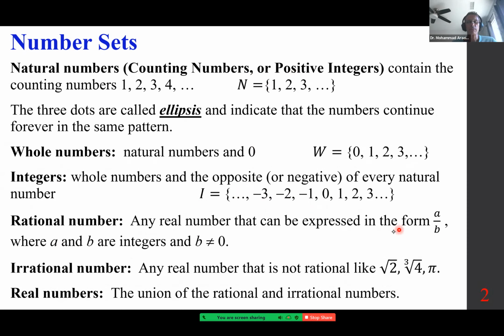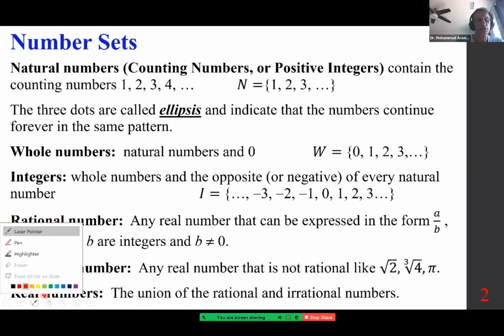Also, a decimal that is either repeating or terminating is a rational number. Other than that, it's an irrational number, such as square root of 2, cube root of 4, pi. When we put these two together, the union gives us the set of real numbers.